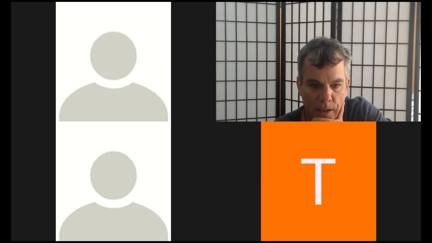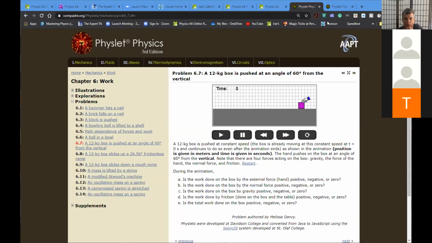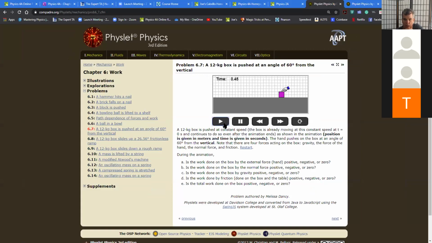All right, share screen. So that 60 degrees, push 60 degrees from the vertical. So one, just to be clear, annotate.